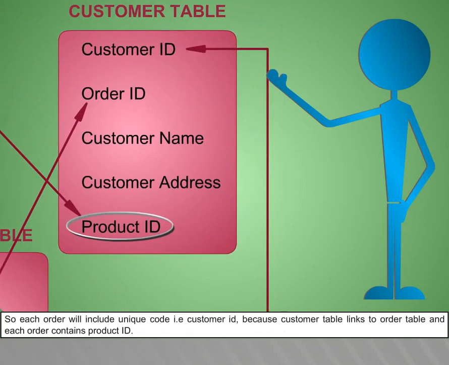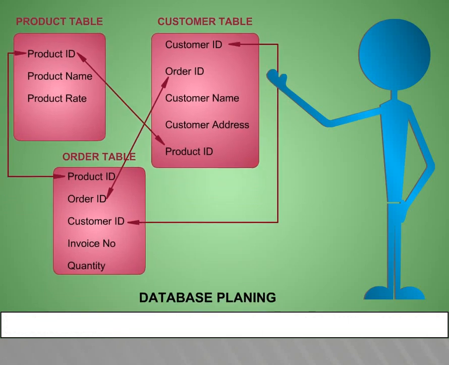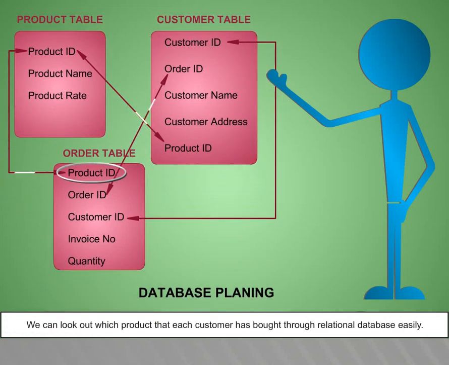So, each order will include unique code, that is customer ID, because customer table links to order table and each order contains product ID. We can look out which product that each customer has bought through relational database easily.